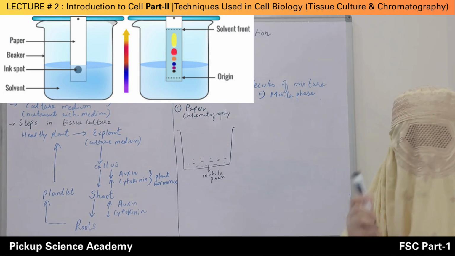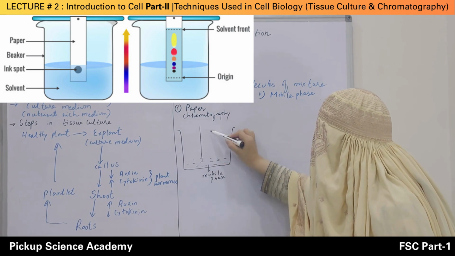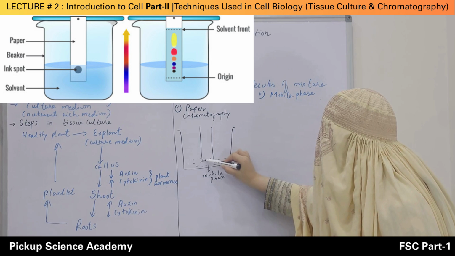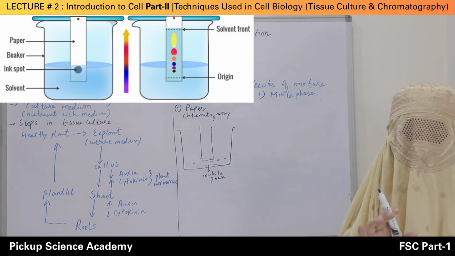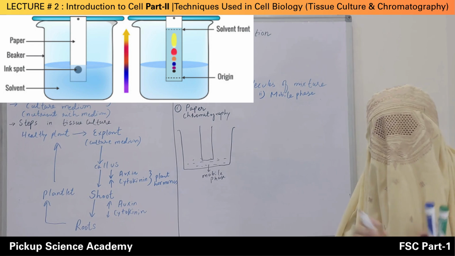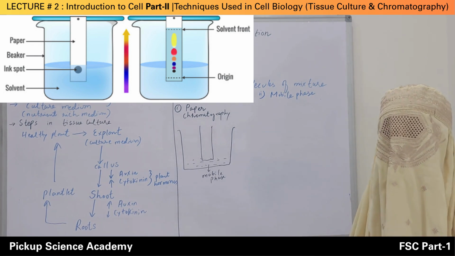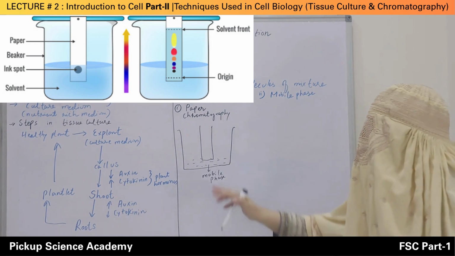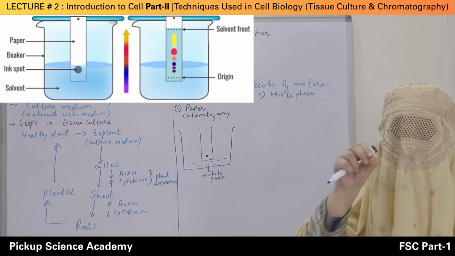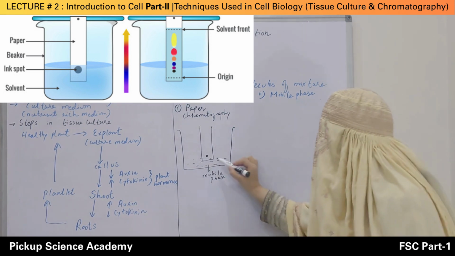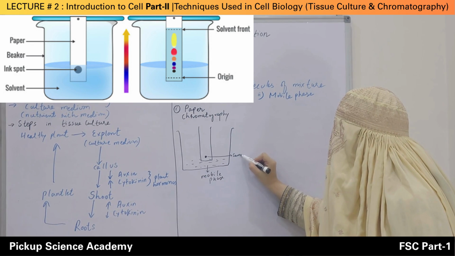Okay, and what we'll do, we place a paper in it. Okay, we will insert a paper in it which contains a spot of our mixture which we want to separate. The sample whose components we want to separate, we'll put that drop on the paper beforehand. Okay, so this is our sample.